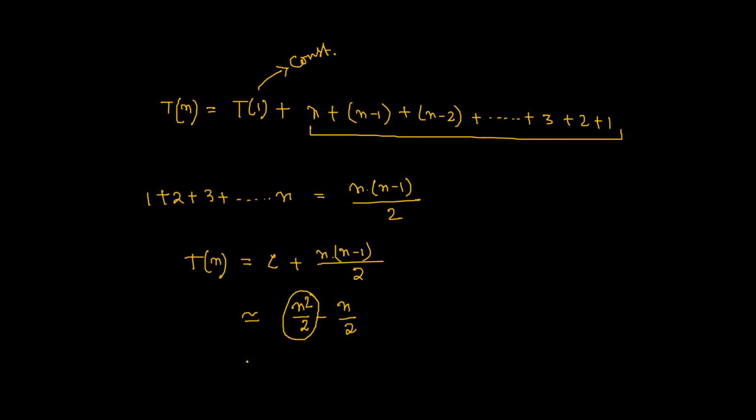So from this example, you can say that T of n is big O of n square by 2, and naturally 2 is a constant, so I will not keep this 2 because as n tends to infinity, 2 is negligible.